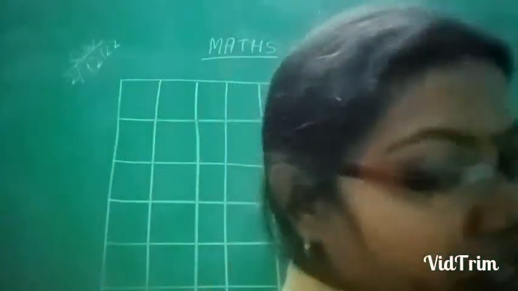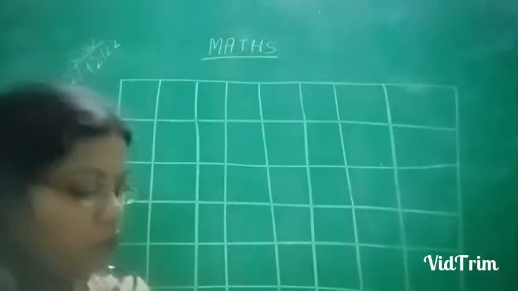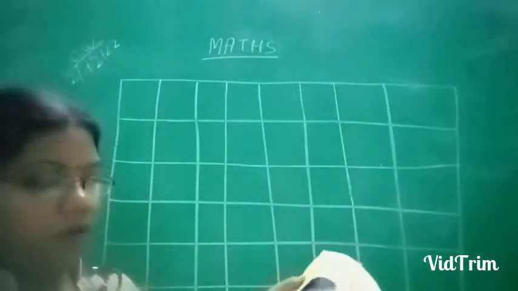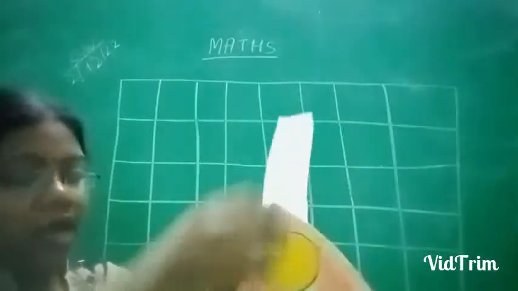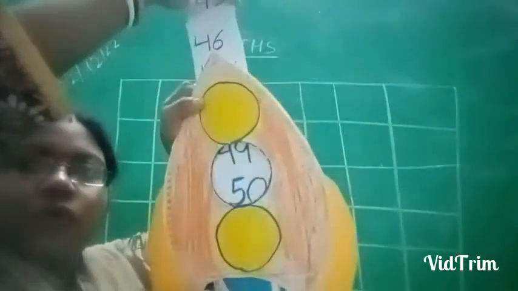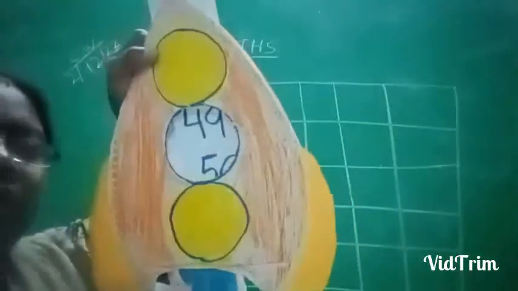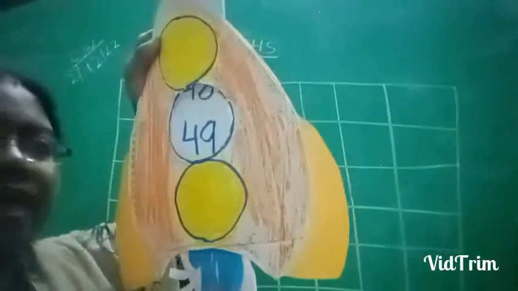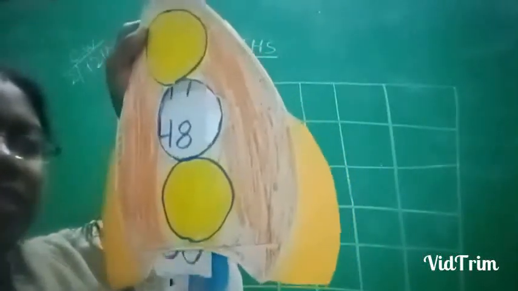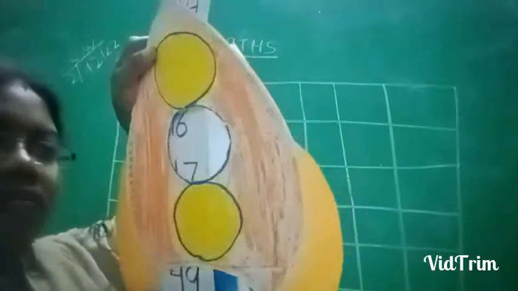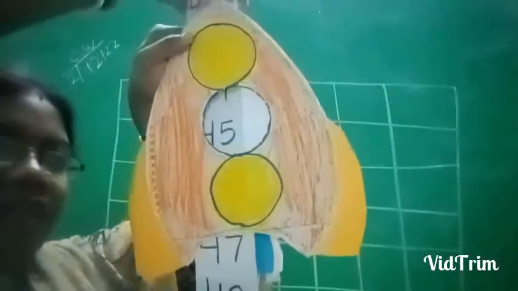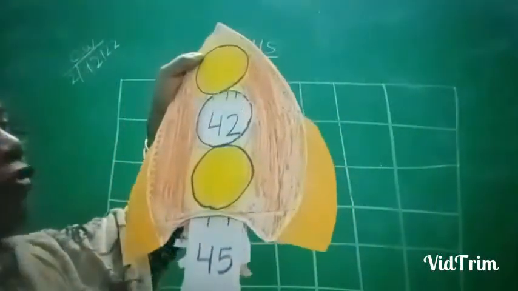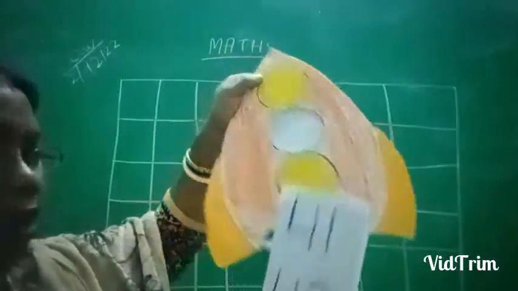But from 50 we have not done. So we will count the backward counting, after all gone up in the sky. Now we will come down. When we are coming down, we will count the numbers backwardly. See, 50, 49, 48, 47, 46, 45, 44, 43, 42, 41.